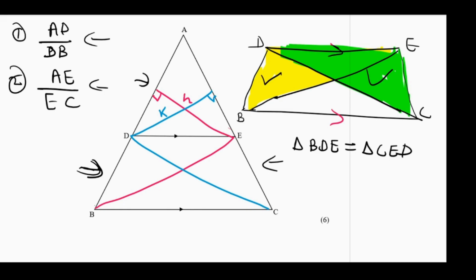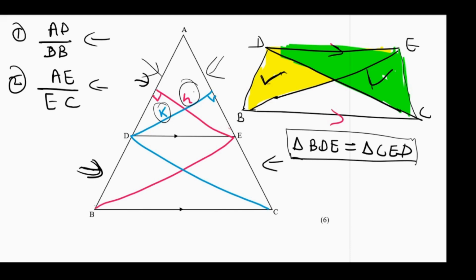If these two triangles are equal, it makes the top triangles that we found using these perpendicular heights equal too, and therefore it makes equation 1 and equation 2 equal.